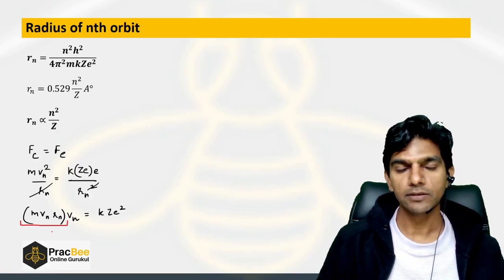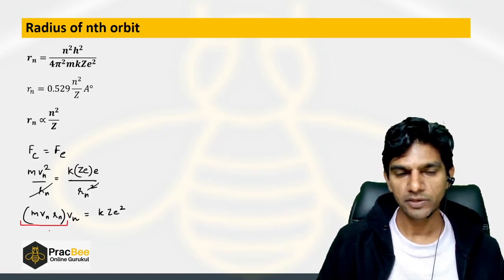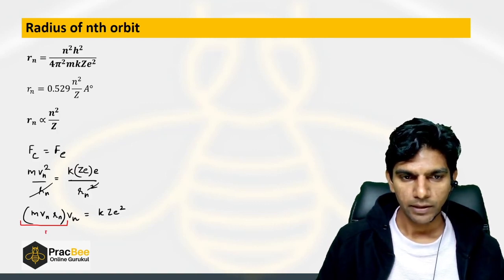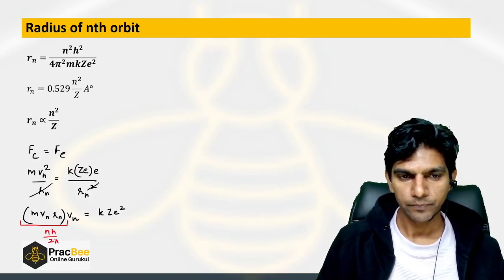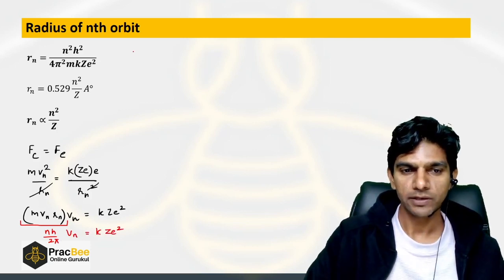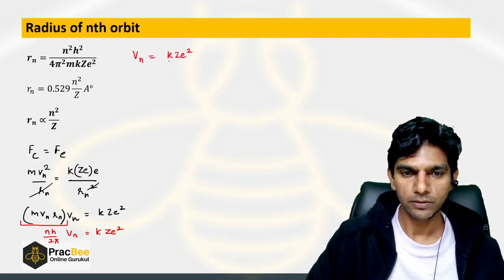m Vn Rn is nothing but the angular momentum. So if the electron is orbiting in the nth orbit, this will be nh upon 2 pi. So from this equation, we will get the speed. So we can say Vn will be kZe square divided by nh times 2 pi.